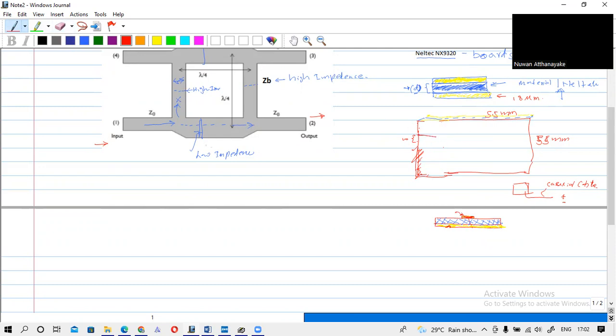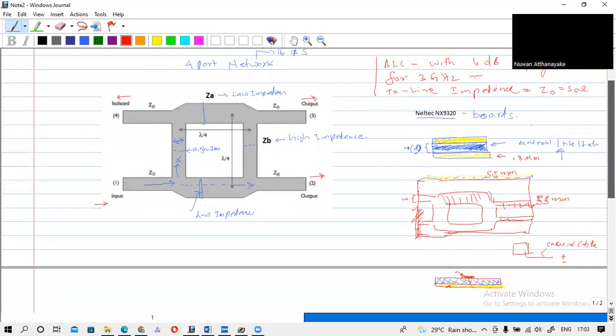So we will have this kind of coupler like this. If you consider this section, those are microstrip, so all these sections are microstrip.